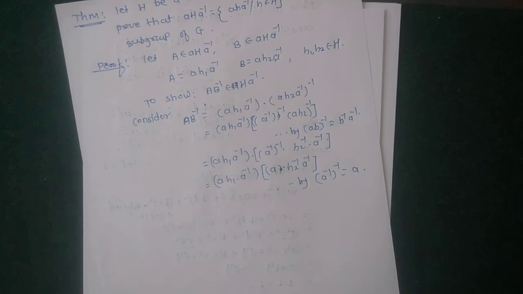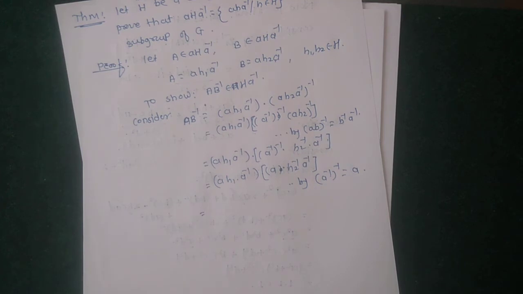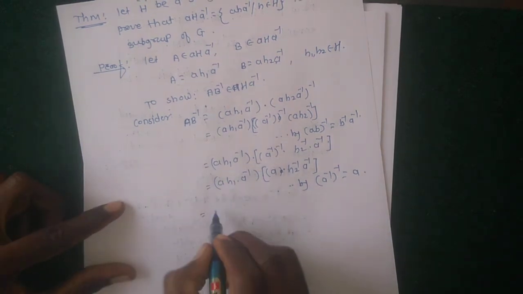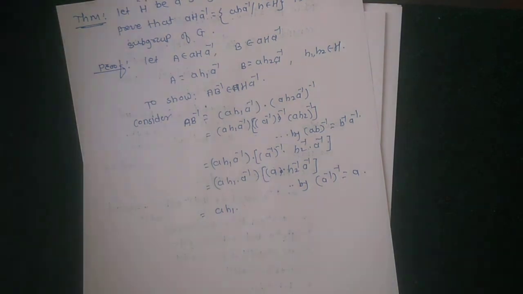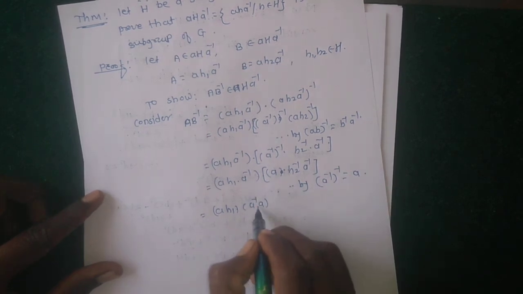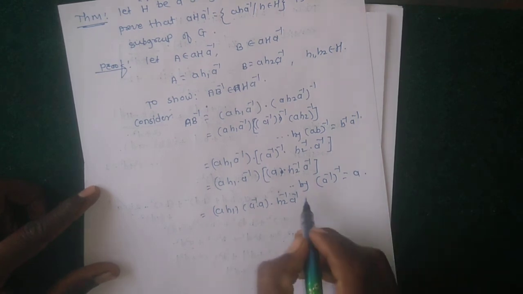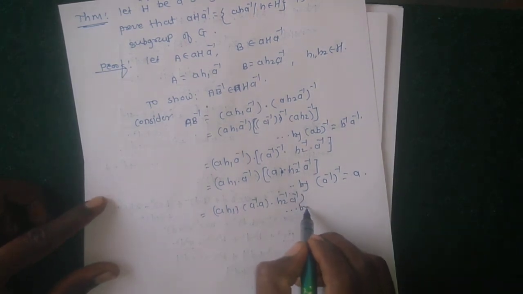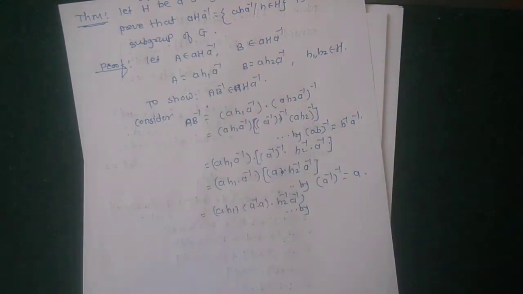And we get, by using the associative property, ah₁ into a⁻¹a into h₂⁻¹a⁻¹. By the associative property, because G is a group and all elements of H, and H is also a subgroup, meaning it is itself a group, so we satisfy the associative property.